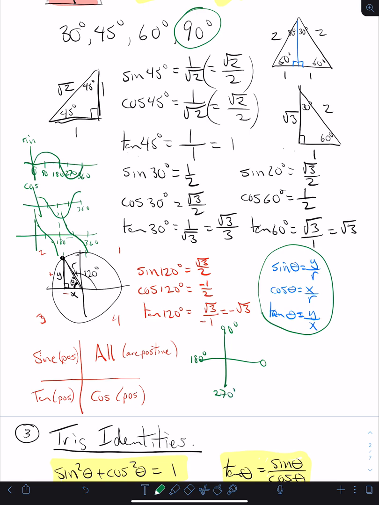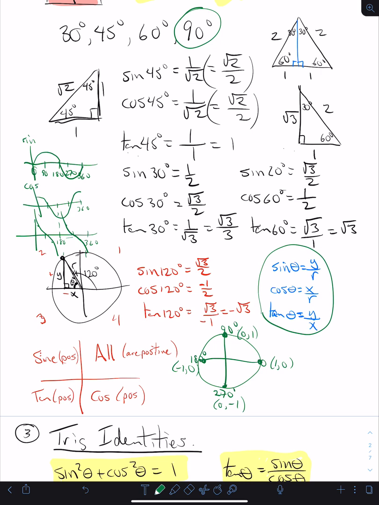Just think of your coordinates, and let's make it on a unit circle. This would be 1, 0. This would be 0, 1. This would be negative 1, 0. And this one would be 0, negative 1.